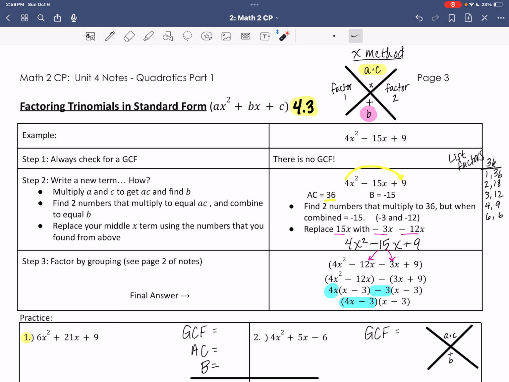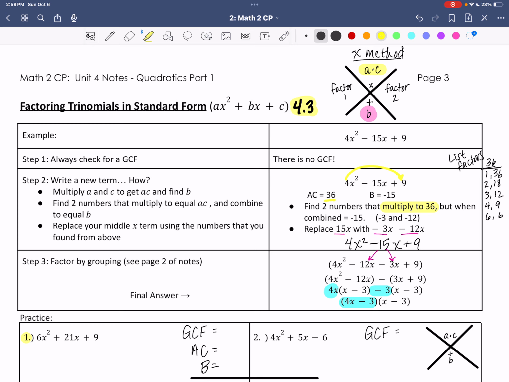So in order to factor this trinomial, we have to find two numbers that multiply to 36, but when you combine them, they equal negative 15. So one way to do that is you could list the factors of 36. Well, we have 1 and 36, 2 and 18, 3 and 12, 4 and 9, 6 and 6. So I just listed all the factors. We need to figure out which ones multiply to 36.